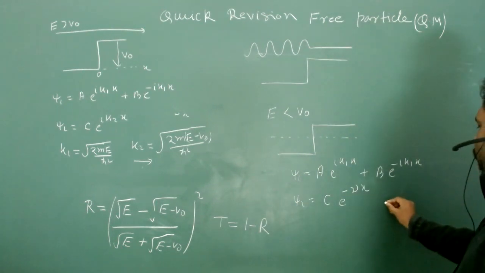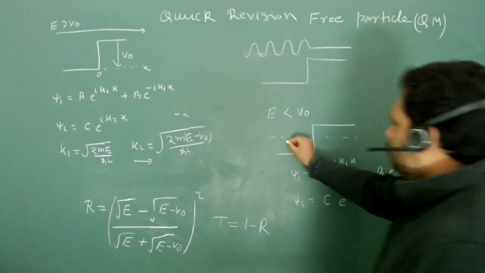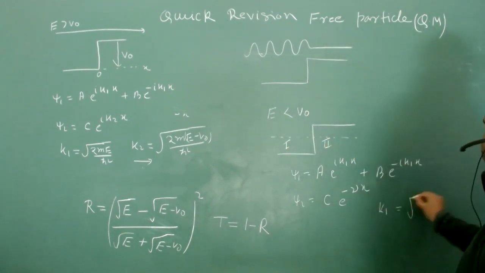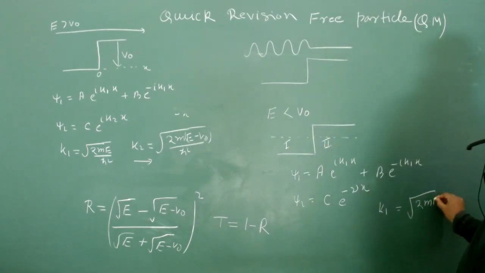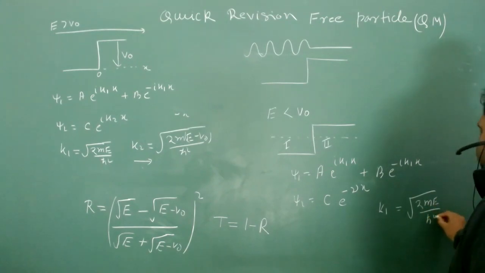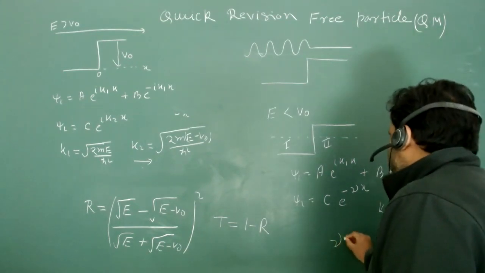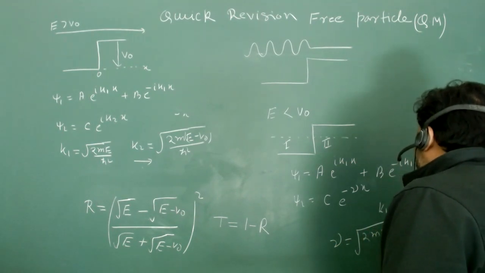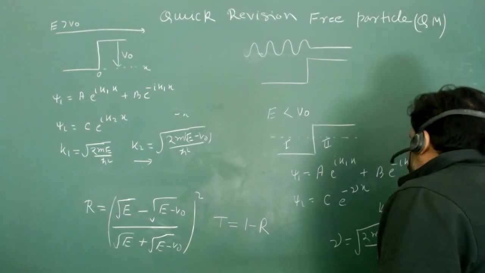So again, this is my region 1, this is my region 2. The value of k1 is again root under 2mE upon h cut square, but the value of gamma, you should always remember, that is root under 2m (V naught minus E) upon h cut square.